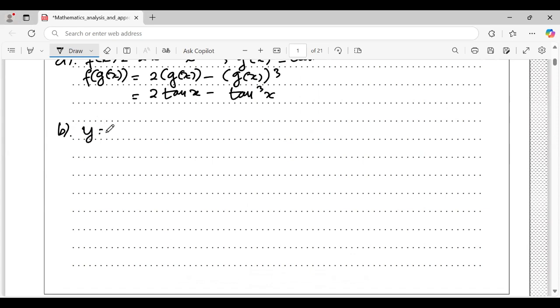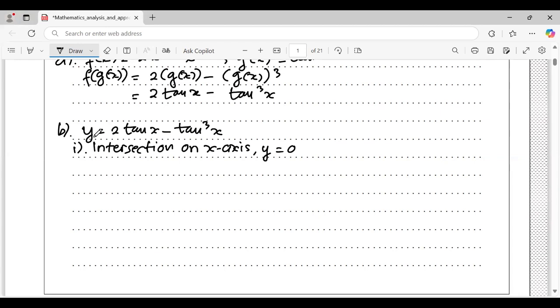We are going to sketch y equals 2 tangent x minus tangent cubed x. The first step, we need to find the intersection coordinate points on the x-axis. It means we need to set y equals 0.